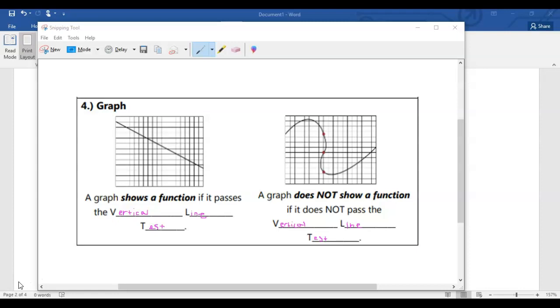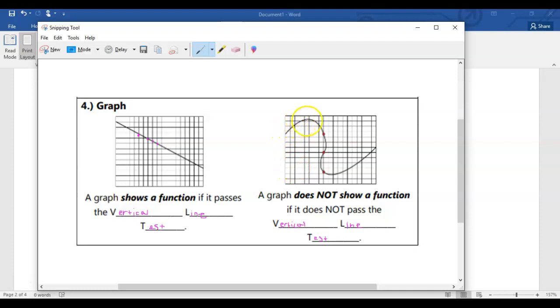Now, what's the vertical line test? Well, that means that I've dropped in these vertical lines, and when the vertical line hits the function, or the graph in this case, it's only hitting the function one time. So notice each vertical line is only hitting this line one time. That's why we know a line is a function, because it passes the vertical line test.